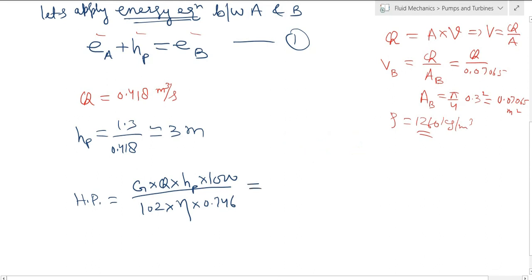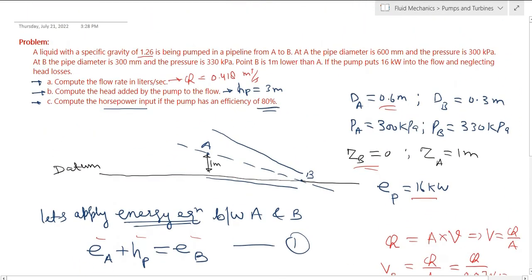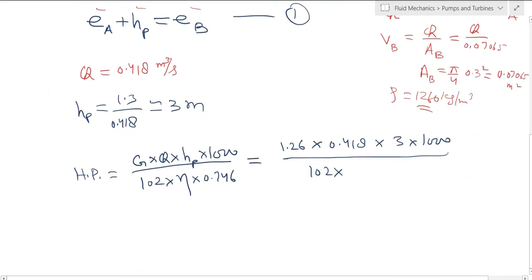Now G is how much? 1.26, multiplied by Q, which is 0.418, multiplied by HP, which is 3, multiplied by 1000 divided by 102 multiplied by eta. Efficiency is how much? 80%, right? 80% means 80 divided by 100. This is 0.8, multiplied by 0.746.